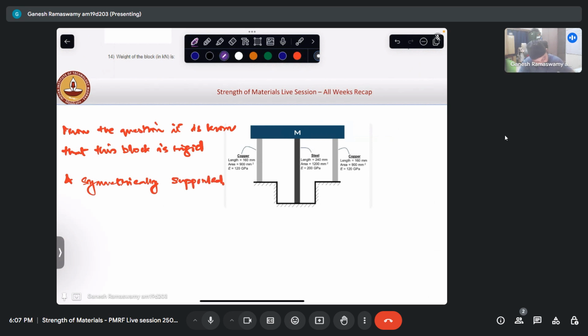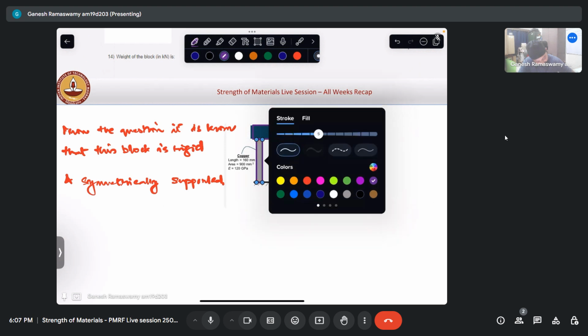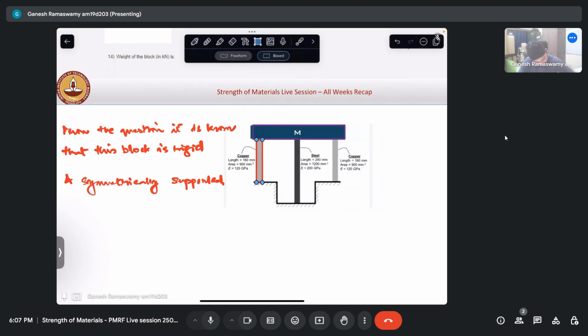So let me draw this block once. All right, so I have the block like that. And then of course, I have the three supports. Let me put it in some other color, maybe. Let this be red. For the supports, I'm using a red color.